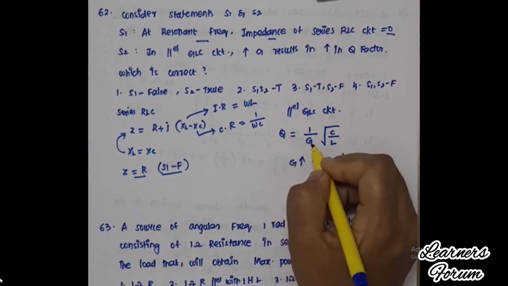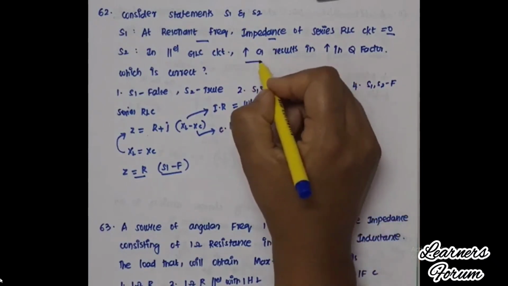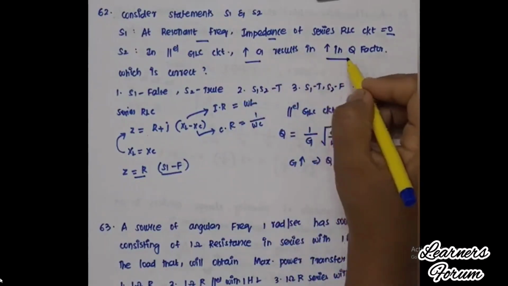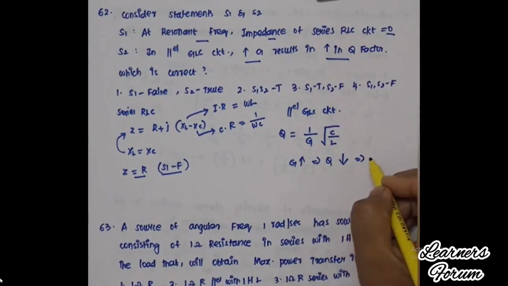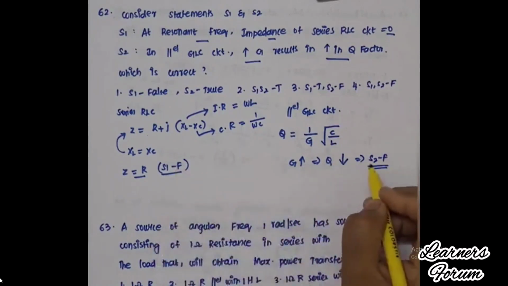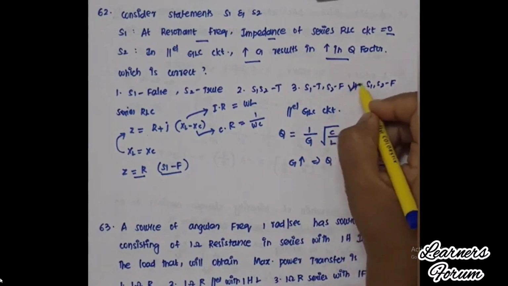But the statement says that increasing G results in increasing the Q factor, which is again contradictory. So statement 2 is also false. Both statements are false, which corresponds to option 4, our correct answer.